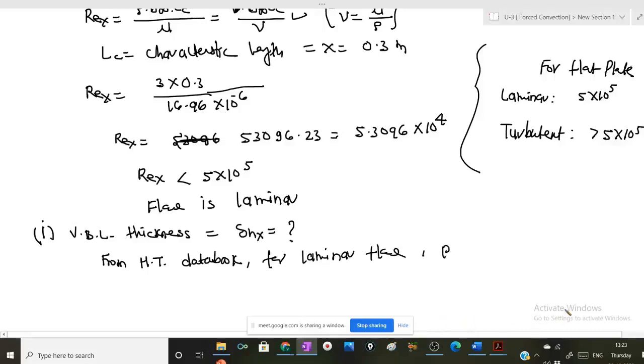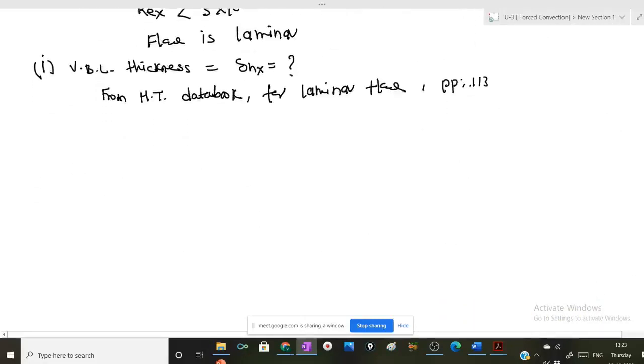In my data book it is page 113. The formula of delta Hx is nothing but 5 into x into Rex to the power 0.5 in the denominator.